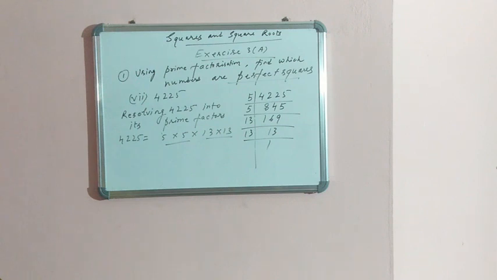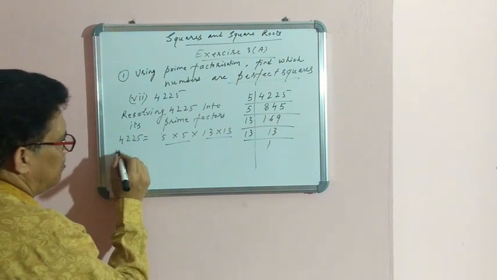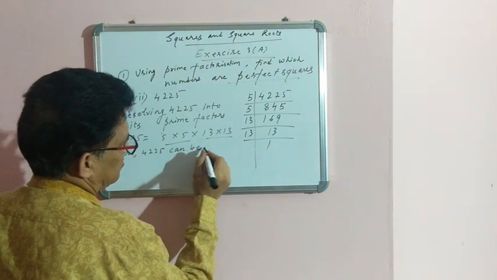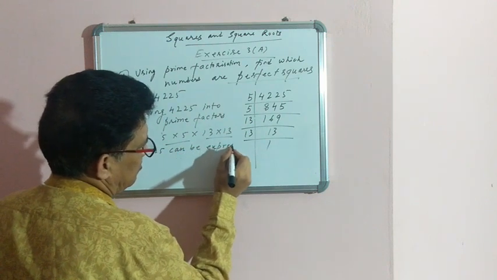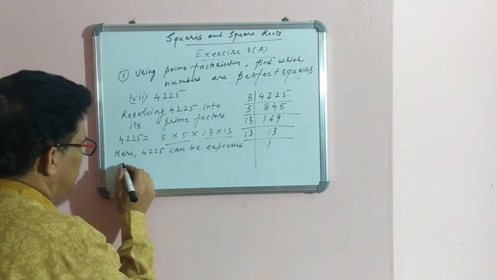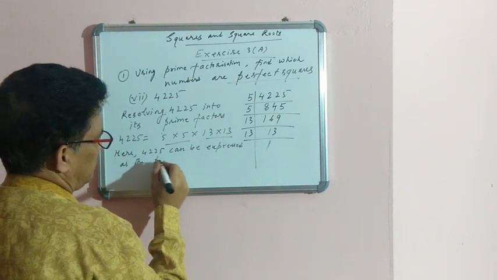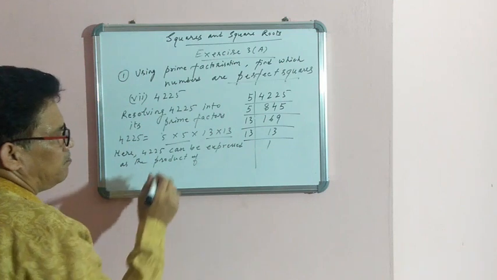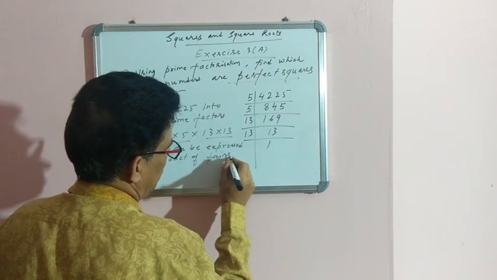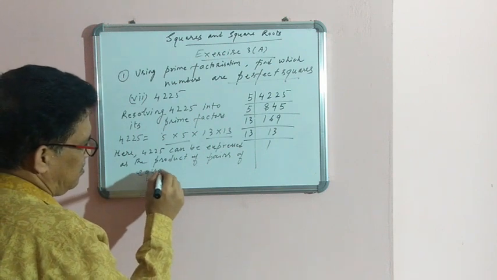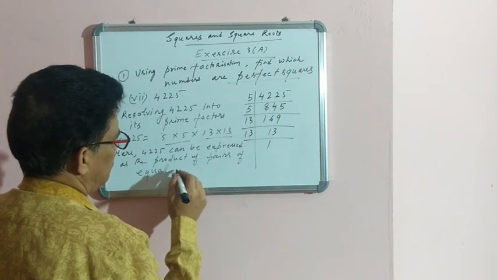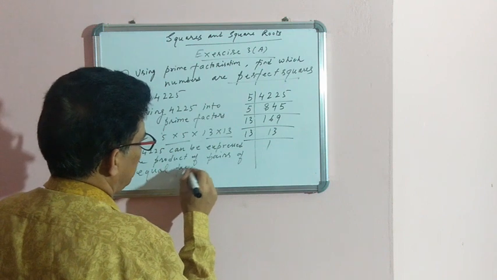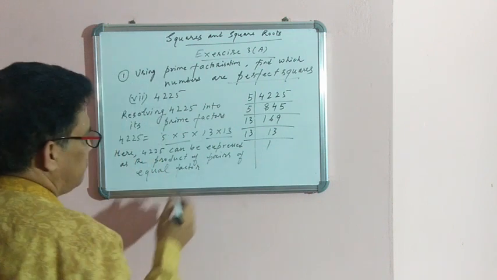Now you can write here: 4225 can be expressed as the product of pairs of equal factors.